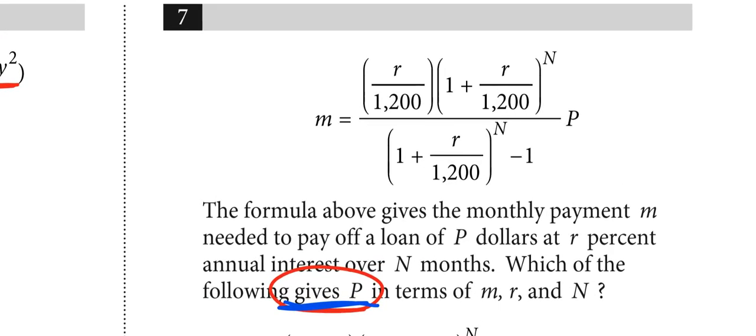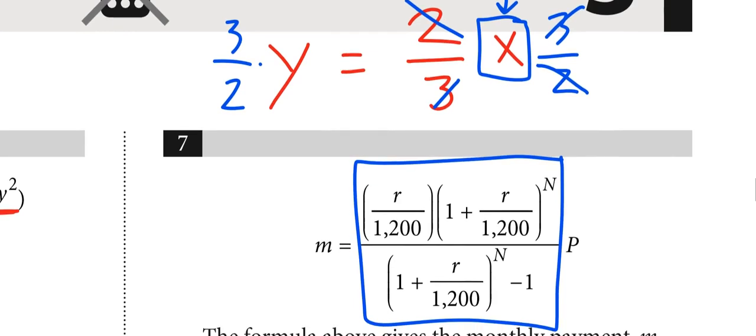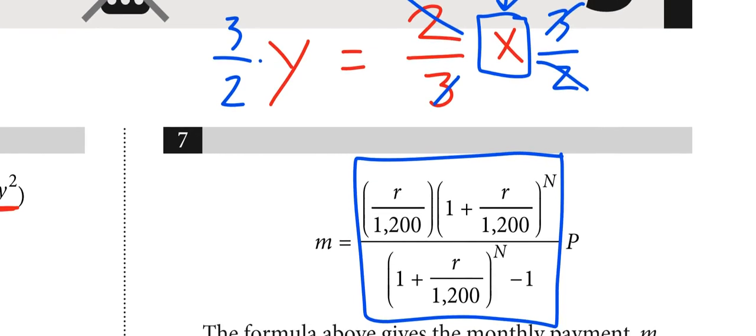Now, you don't understand maybe why I gave you that previous example? Well, you have a fraction. I'm not saying it's not a nasty fraction, but you have a fraction times P. What are you going to do to get rid of it? What did you do up there to get rid of a fraction and move it to the other side?